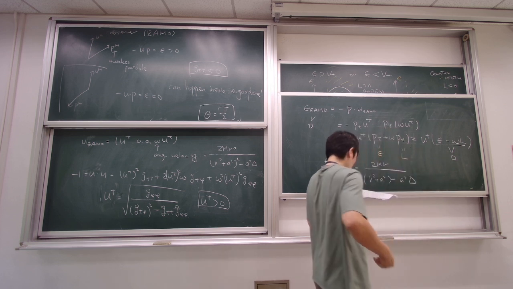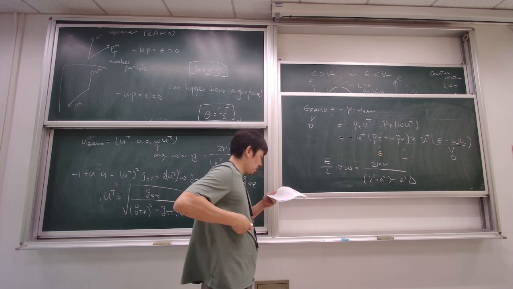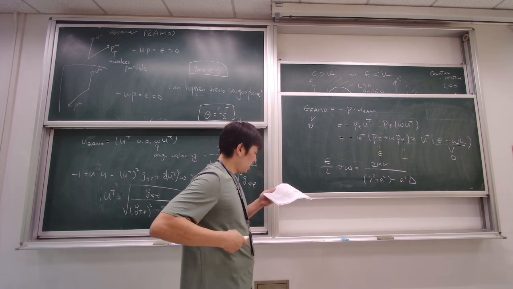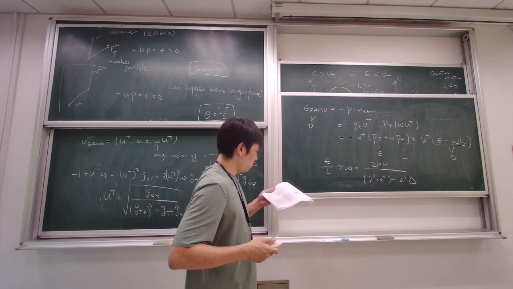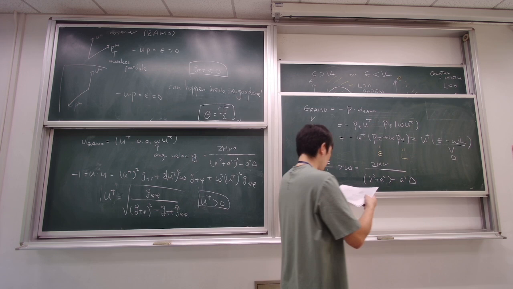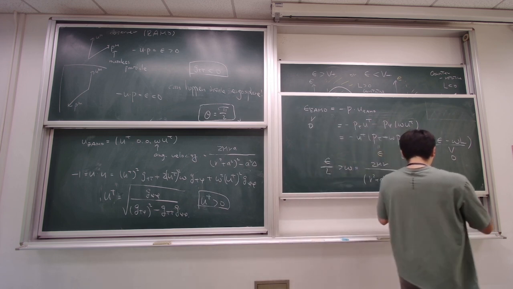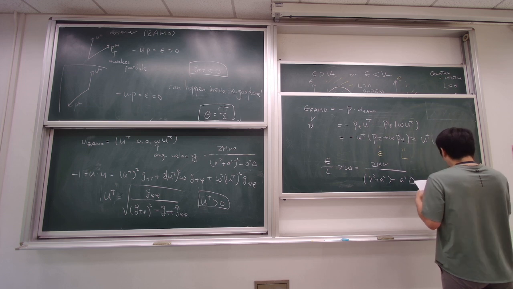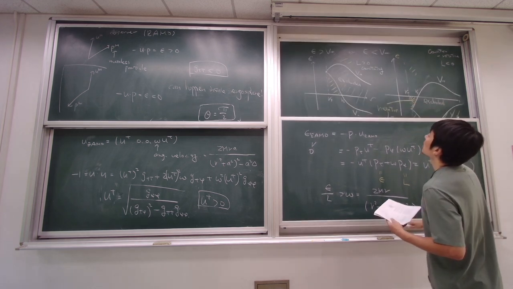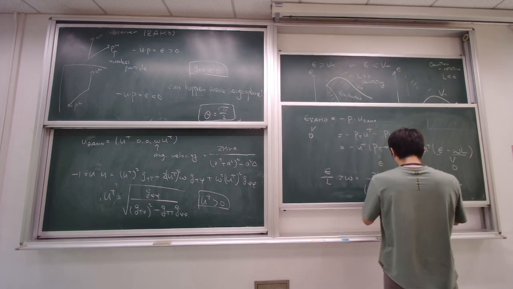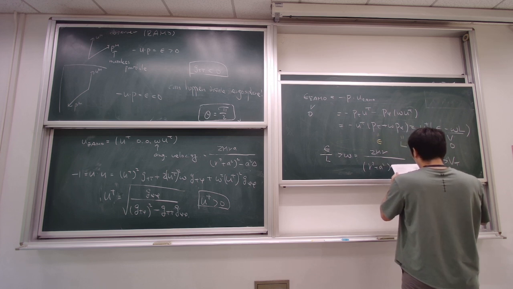Okay, so that's what we have. And then, for a massless particle, a circular orbit has to be if this epsilon is greater than b plus. Okay, so if epsilon is greater than b plus, it means that this one.